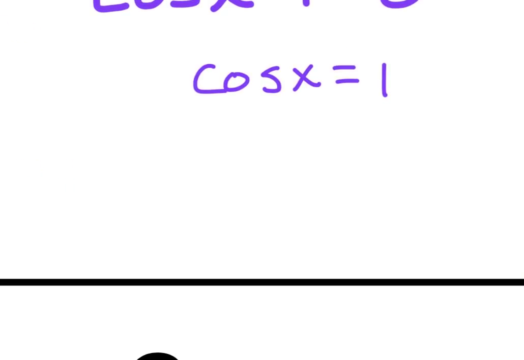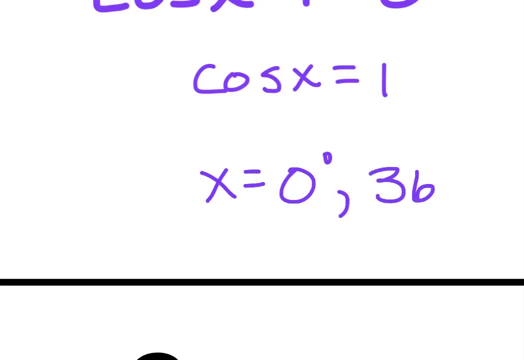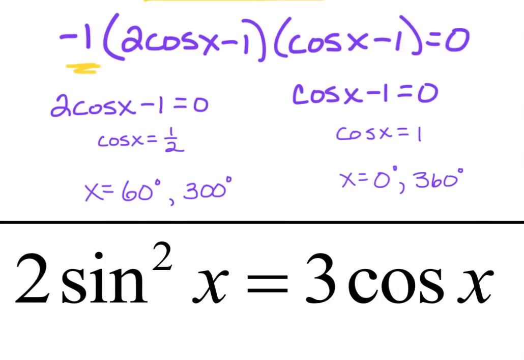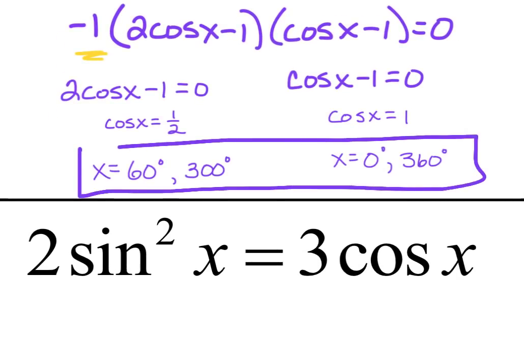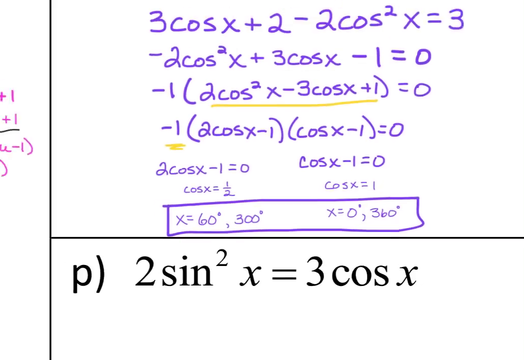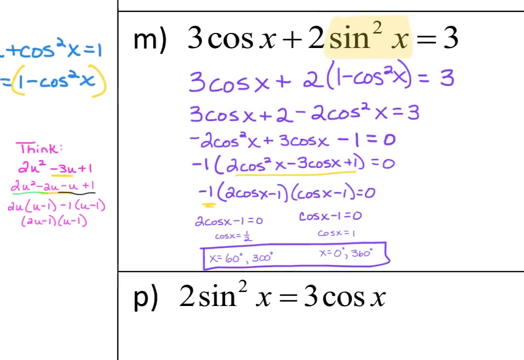And then cosine of x equals 1 at 0, but remember that if 0 is your answer, so is 360. And so your 4 answers to this problem are 60, 300, 0, and 360.